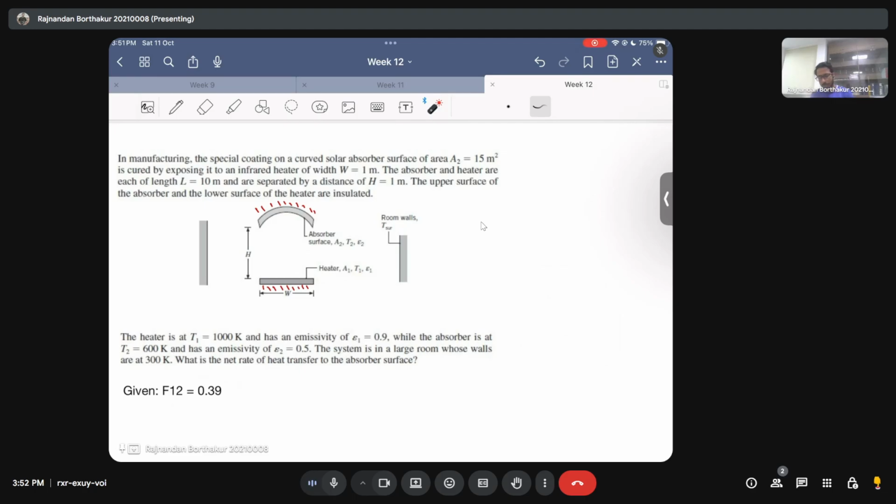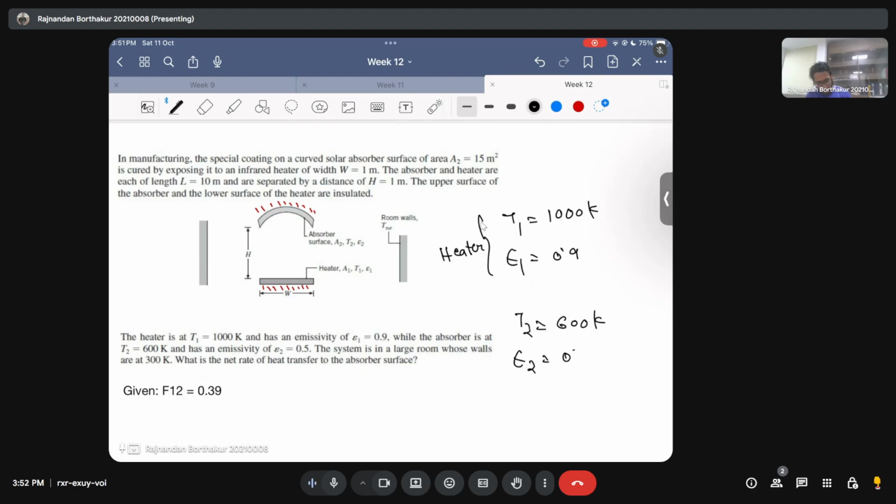Okay, so I will just note down certain important parameters. The temperature of the heater, given by the index 1, is 1000 Kelvin. The emissivity of the heater is given to be equal to 0.9. This is the heater. With regards to the absorber, we know that its temperature is equal to 600 Kelvin, and its emissivity is equal to 0.5.